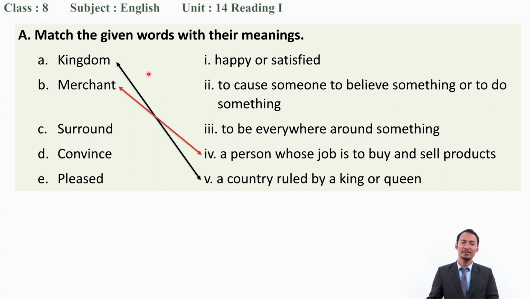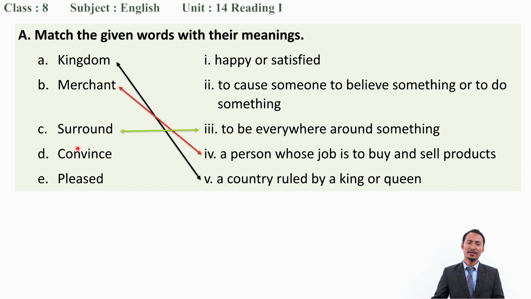व्यापारी है यसको नेपालीमा चाहिँ व्यापारीले के गर्छ buys गर्छ things and sell गर्छ. Next word is surround. Surround means okay, to be everywhere around something. वरिपरि भन्नुलाई surround. Convince.